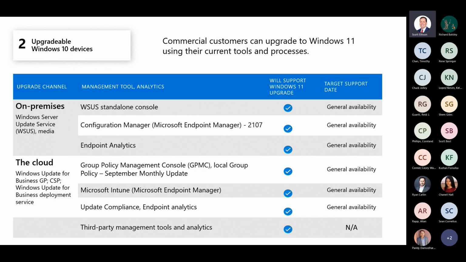If you are going to be performing Windows 11 upgrades in your environment, meaning that you're just going to target Windows 11 to your devices, you still have the same tools that you had in Windows 10. If a lot of your stuff is still on premises, for example if you're using standalone WSUS, you will need to sync your WSUS server. It will create a new Windows 11 category.